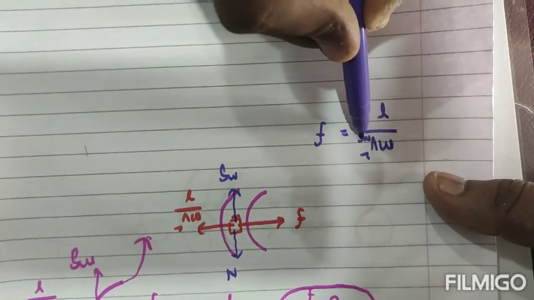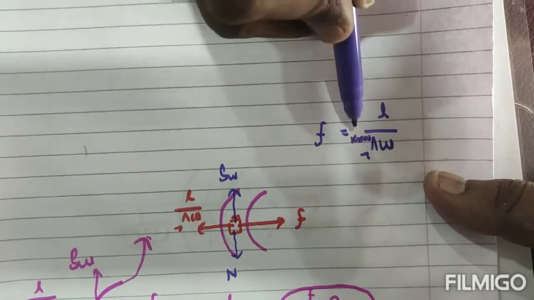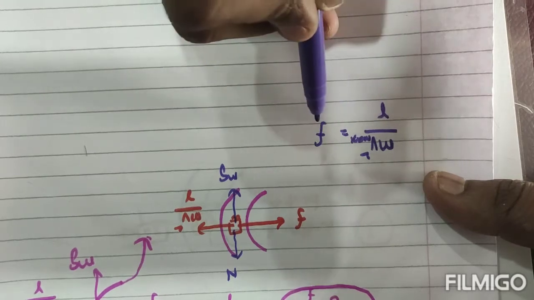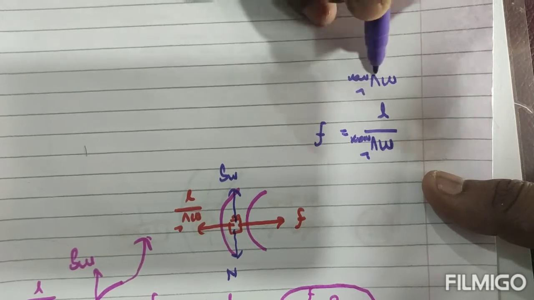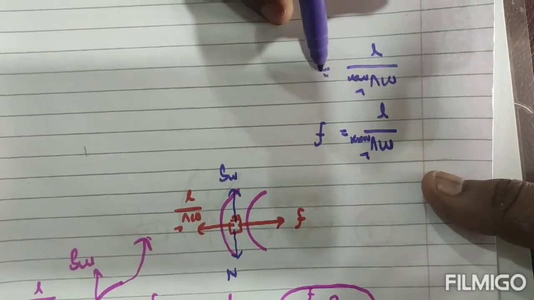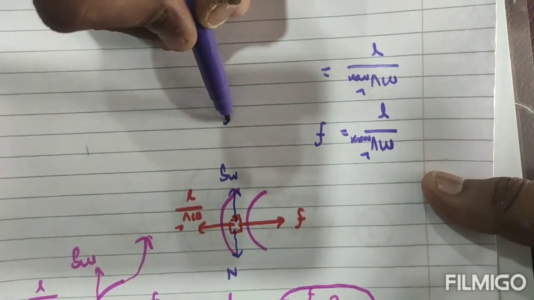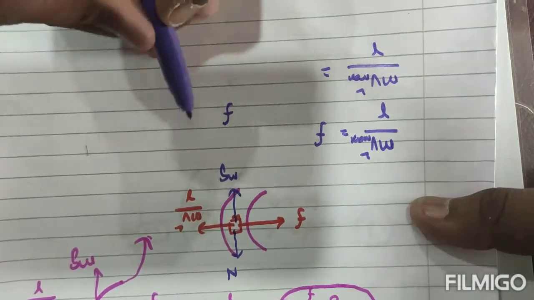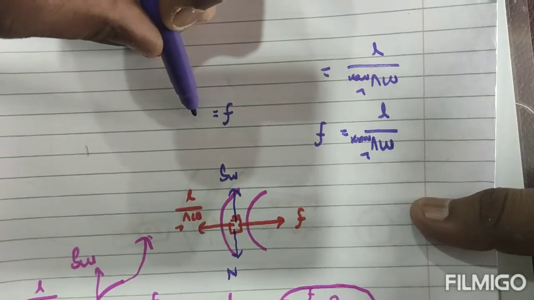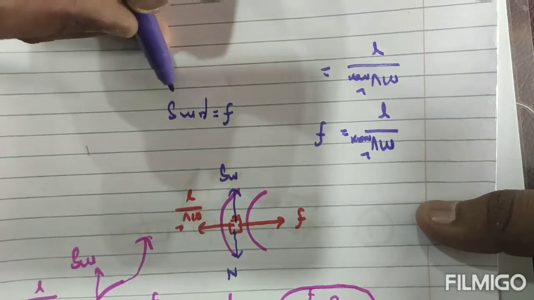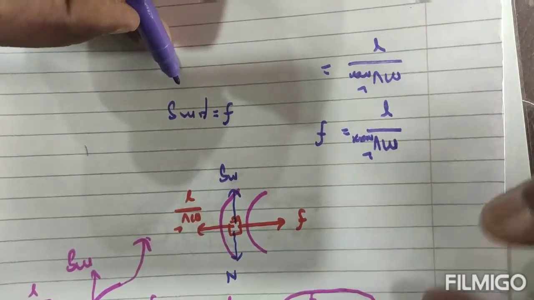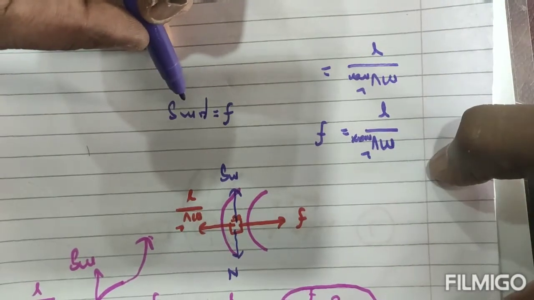To find the maximum possible velocity, I can write v max squared divided by r equal to f. Again, I can write m v max squared divided by r equal to the frictional force, which is mu mg. Already we discussed this, that is mu mg.